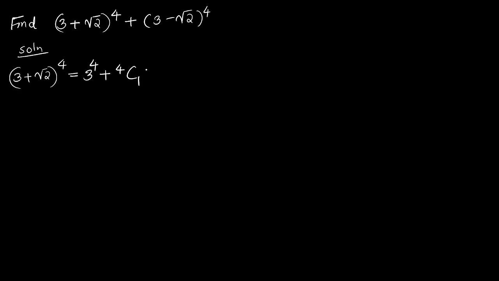The power of 3 will be decreased by 1, so 3 raised to 4 becomes 3 cube, but root 2 will come here. After 4C1, the next coefficient is 4C2, with 3 cube.